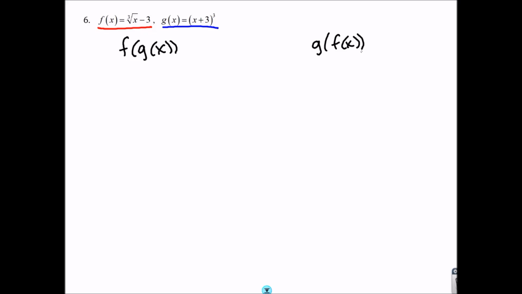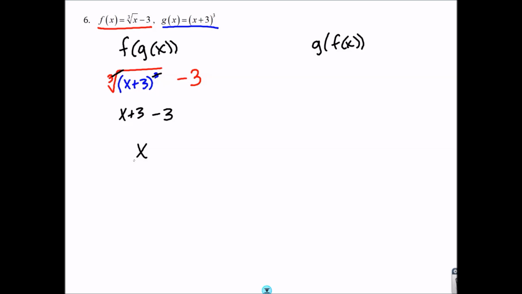So for f of g of x, I'm going to start with f of x and plug in g of x. So you know that cube root and cube are inverses. They cancel each other out. So those cancel, and I'm left with x plus 3 minus 3, which is x.